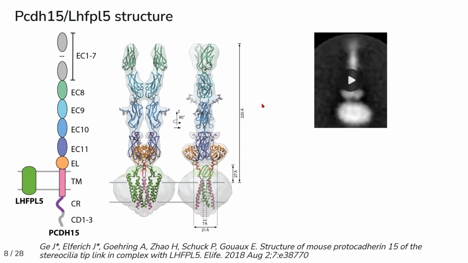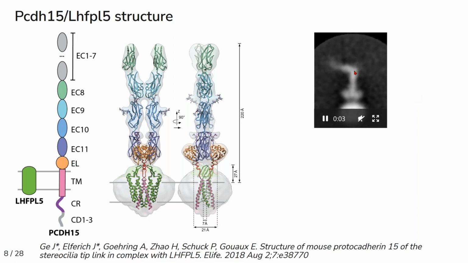But something that I found personally very interesting about the structure is that when we looked at 2D class averages, the whole protein was highly mobile. And I'm only showing here a quick movie of one of these motions. So this is just a couple of 2D class averages put together.